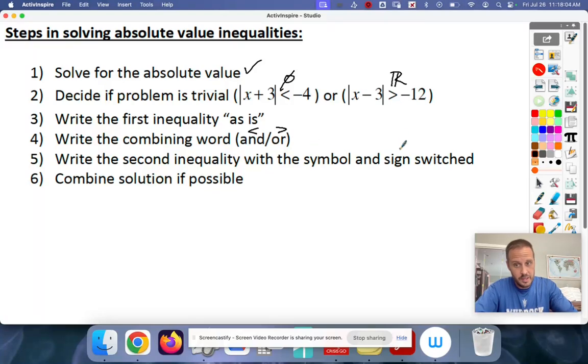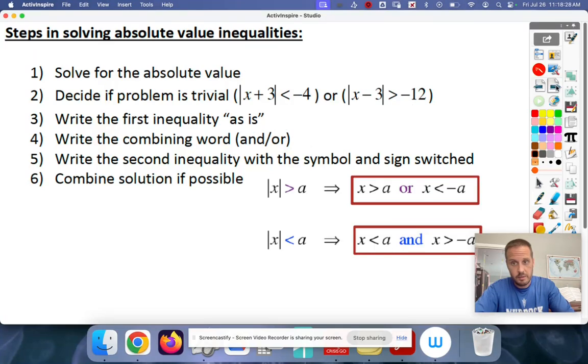So the other one needs to be in the opposite direction, because if you are going greater than this distance, then I need to go greater than the distance in that direction, which, if this was a greater than, is a less than on the other side. And then combine the solution if possible.